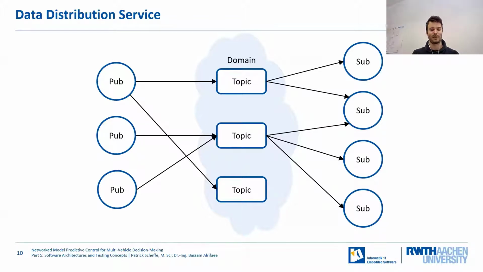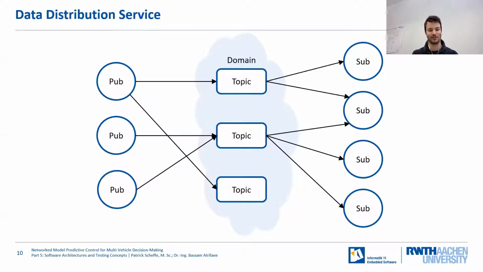You can have multiple publishers publishing to the same topic, and also multiple subscribers subscribing to the same topic. The benefits of this are manifold. For example, you have easy interoperability between different operating systems or between different programming languages.